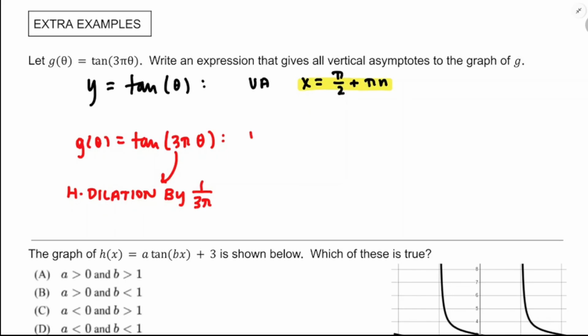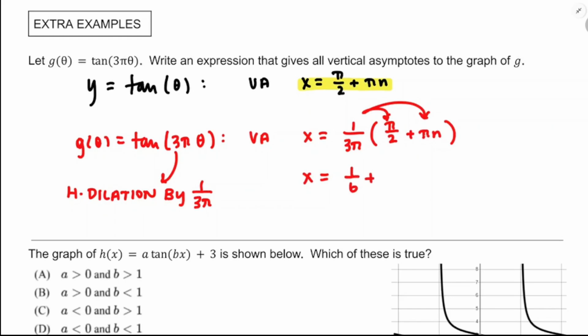So the vertical asymptotes of this are going to be x equals, okay, I just got to horizontally dilate these vertical asymptotes, the x coordinates of them at least. And so there we go, I'll distribute these, and I'm going to get x equals 1 over 6 plus pi divided by 3 pi is 1/3 of n, where n is an integer.